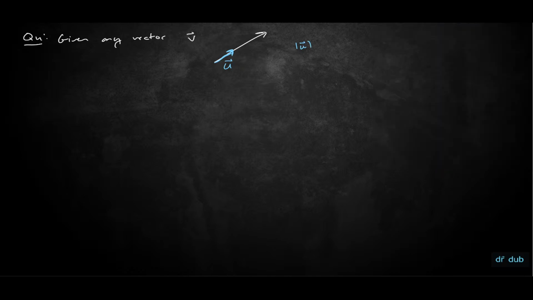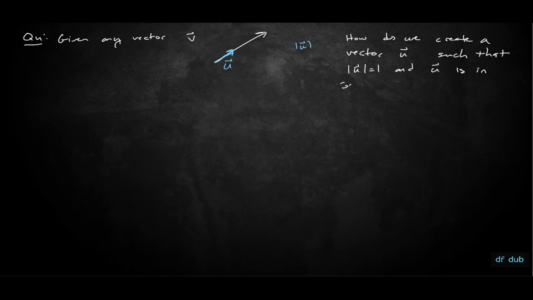So how do we create a vector u such that the magnitude of u equals 1 and u is in the same direction as v?